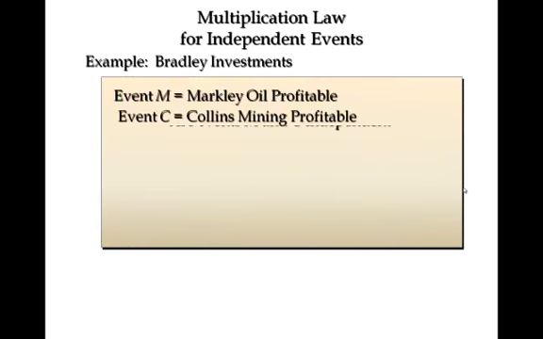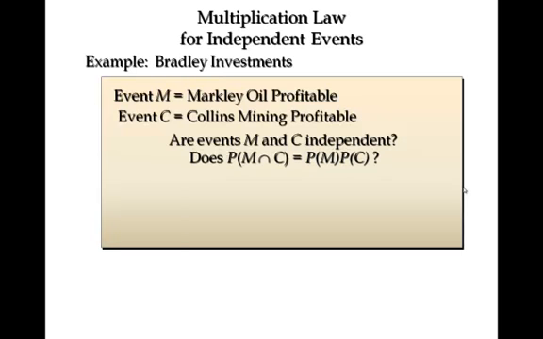And here is another example. Are the events M and C independent? Let's check. We had earlier calculated the probability of M intersection C, and we also know the probability of M and the probability of C. Does this equality hold?